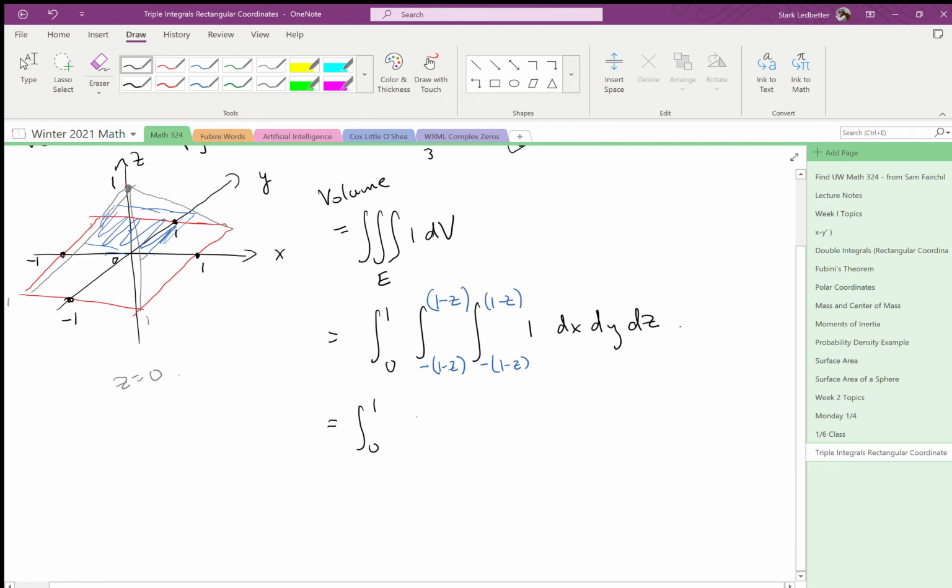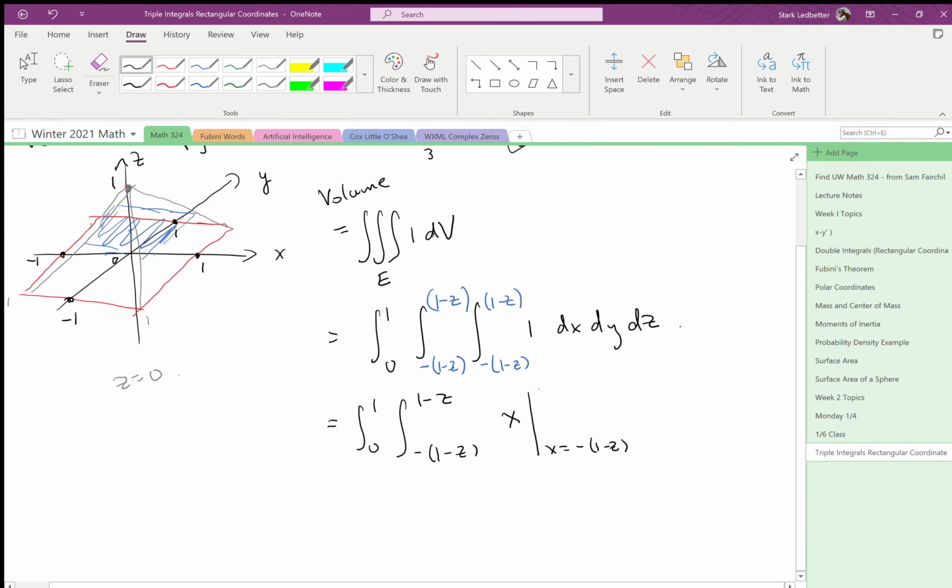So we're integrating from 0 to 1. We'll leave the second one alone also, from negative 1 minus z to positive 1 minus z. And then we will take this integral with respect to x of 1, which is just x, of course. And now x goes from negative 1 minus z to 1 minus z.